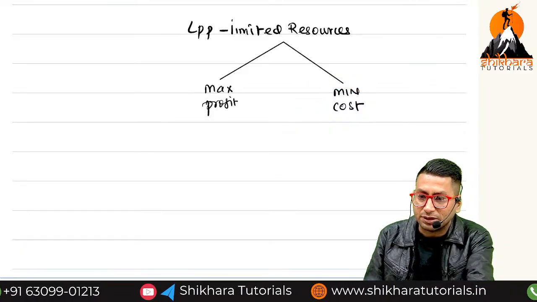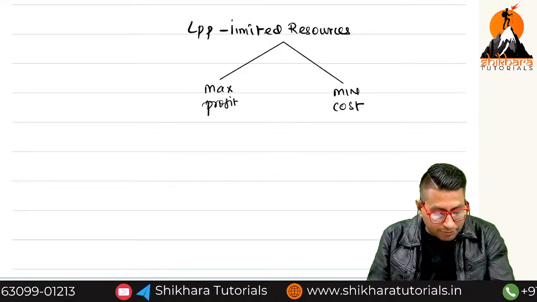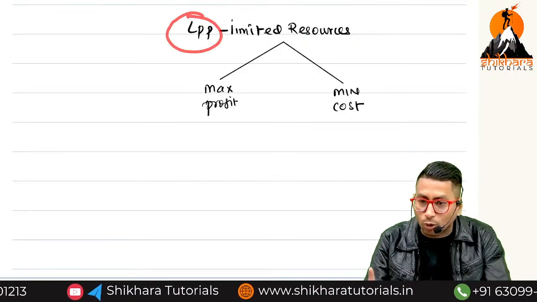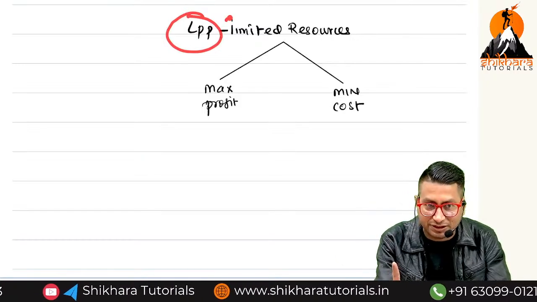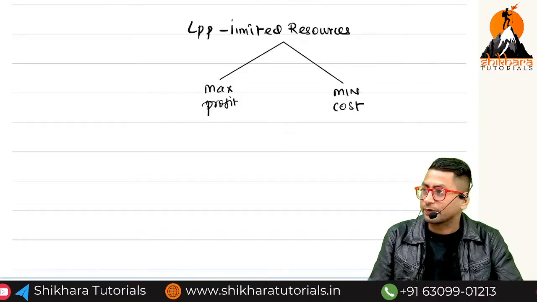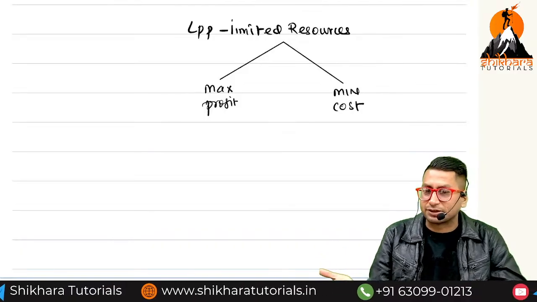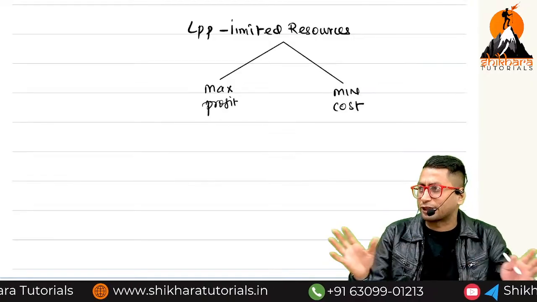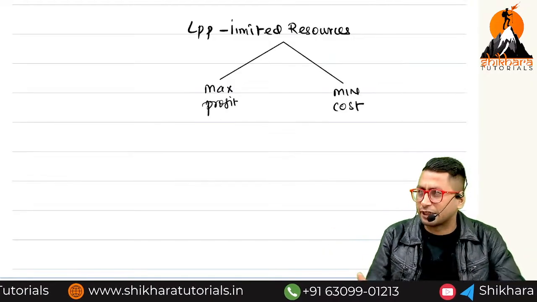Nothing else. Now, remember one thing, linear programming is applicable only for those businesses which are having limited resources. Sir, if a company is having unlimited resources, can I achieve anything? Assume I am having unlimited money, unlimited labor, unlimited land.